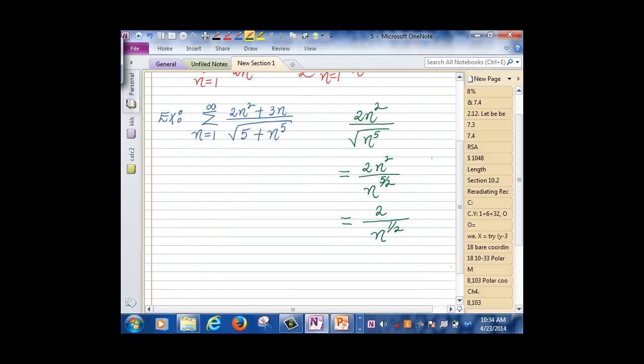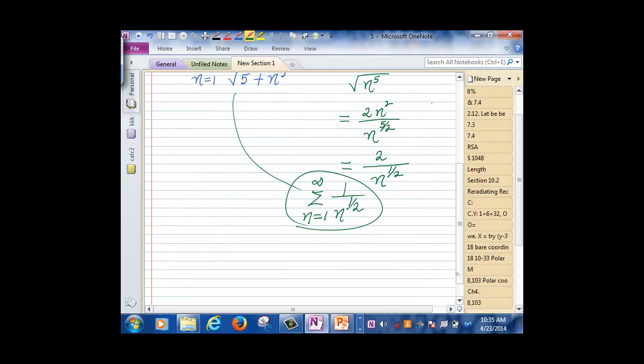So I am going to compare this. My intuition is that this is comparable to the series sum n going from 1 to infinity of 1 over n to the half. And what kind of series is that?